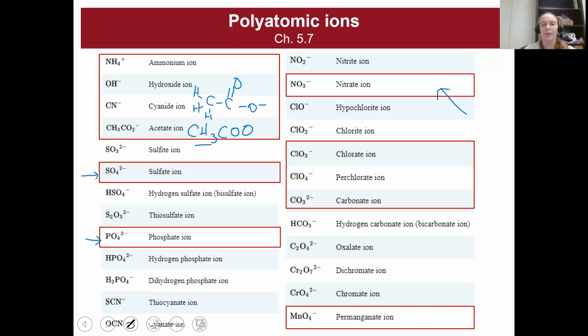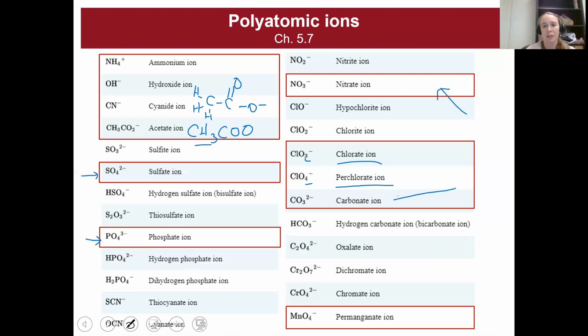And then these two you won't see as often, but they might come up, the chlorate or perchlorate ions. And those we'll talk about in a few slides. Those are unique because they have just differing numbers of oxygen. So those are called oxoanions, and we'll talk about those in a little bit.